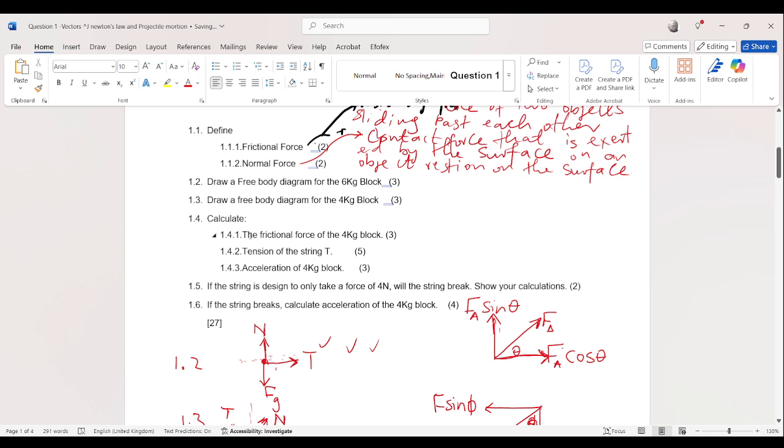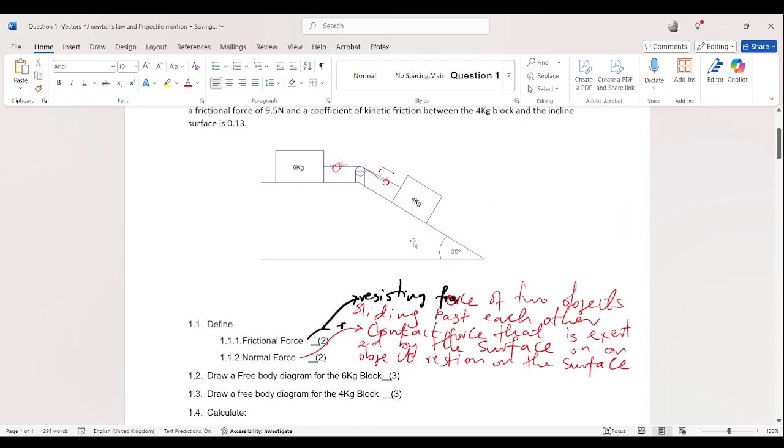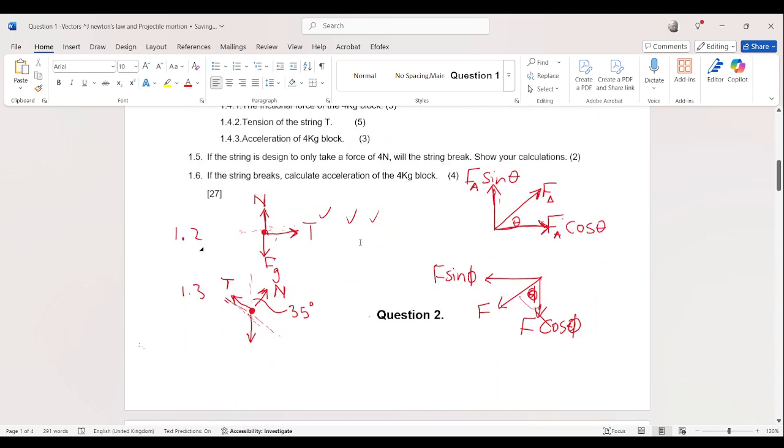Okay, going back to the question. We have to resolve forces on the 4 kg block in order for us to calculate friction on the 4 kg block, because it forms part of those forces. So the other force that I forgot to put on both of them is the frictional force.